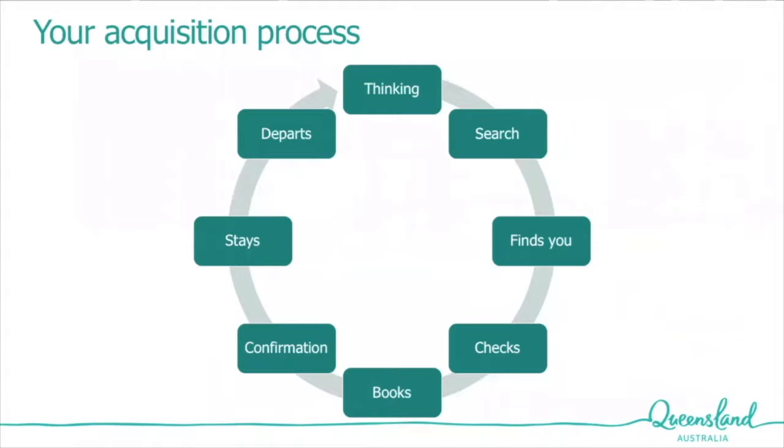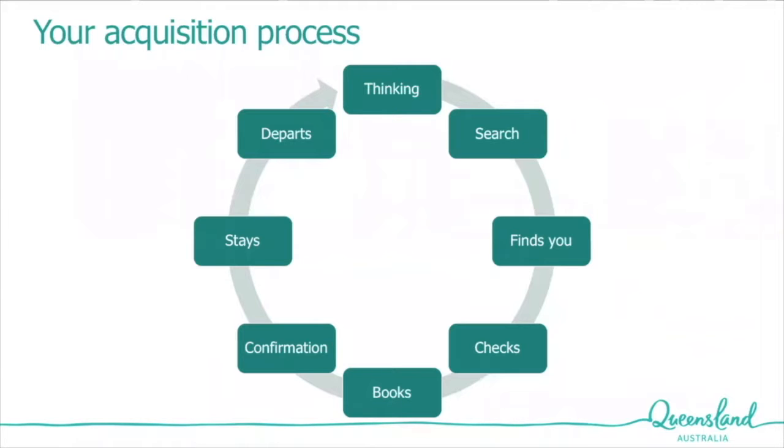Then they find you. So in that, I'm just going to move back to that search. In that search, they could be searching for regions in the first case, because they're deciding on what destination. Or they could be searching by niche activities. So they could be really interested, for example, in fly fishing or mountain bike riding or outback history.